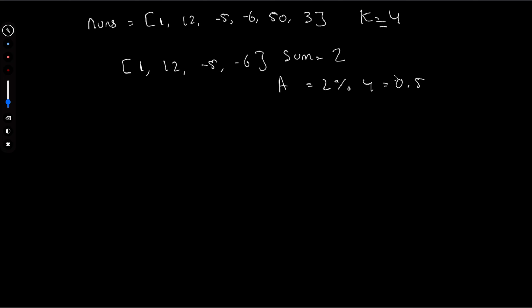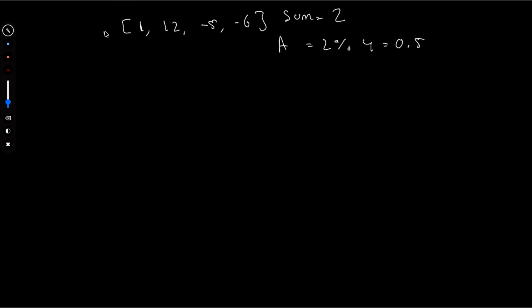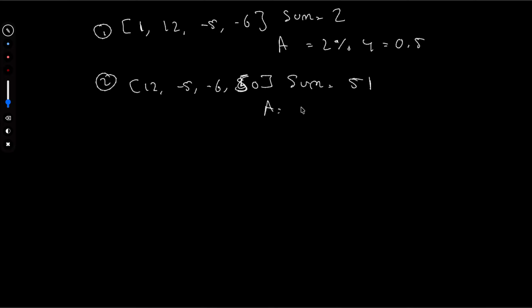Next is 12, -5, -6 and 50. The sum of this is 51, and the average is 51 divided by 4, which is 12.75.